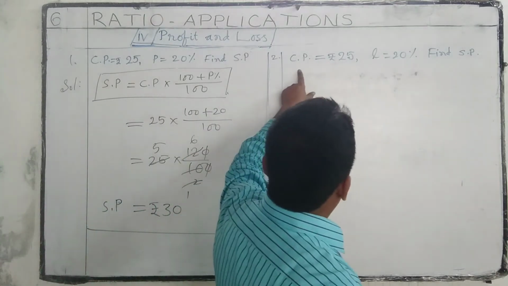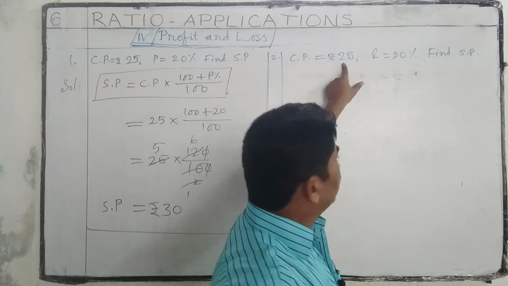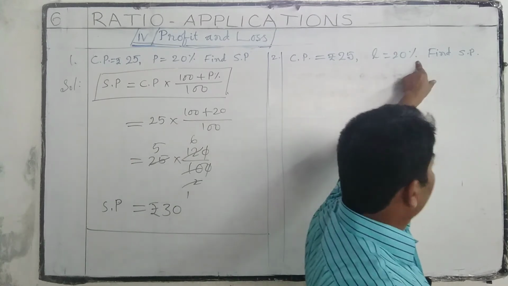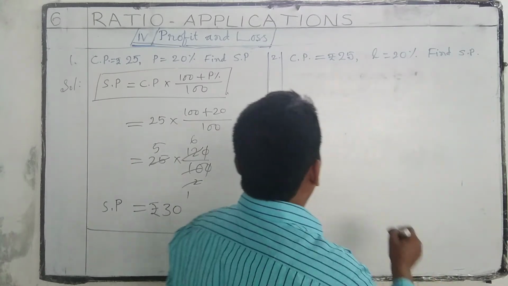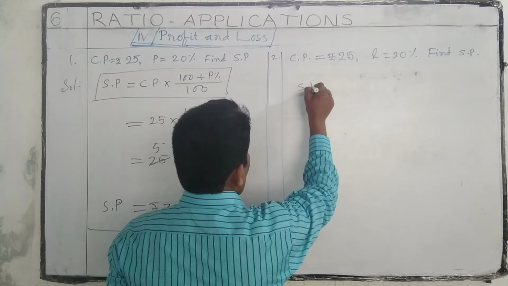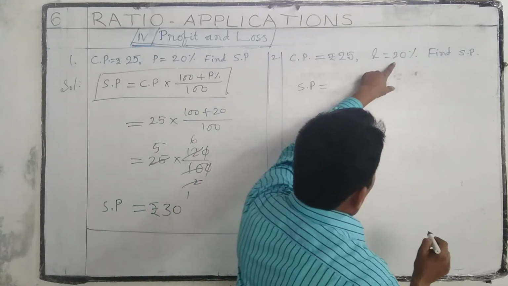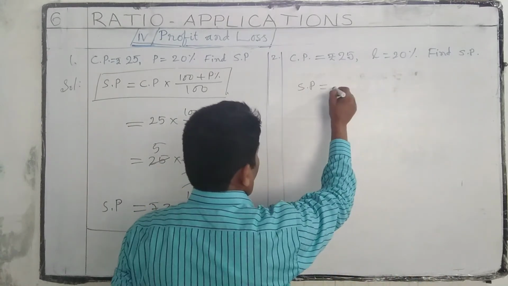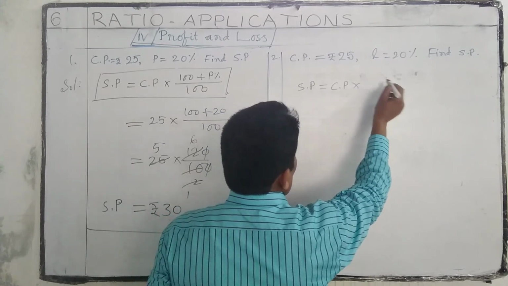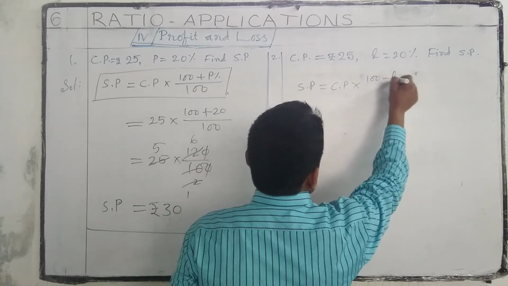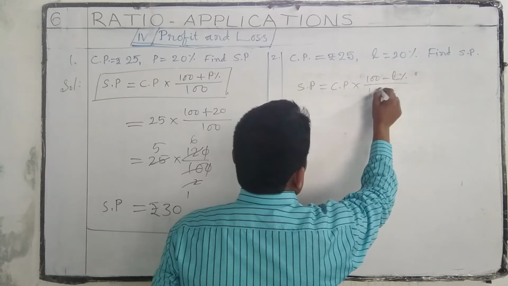Here is one more problem. Cost price 25 rupees. Loss 20%. Find selling price. If given loss percentage, then selling price is equal to cost price into 100 minus loss percentage by 100.